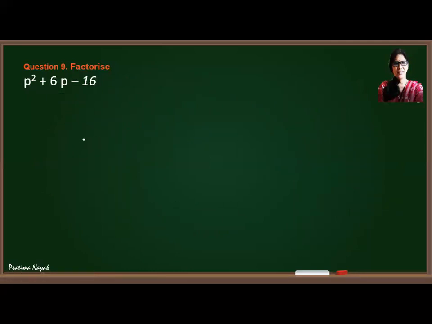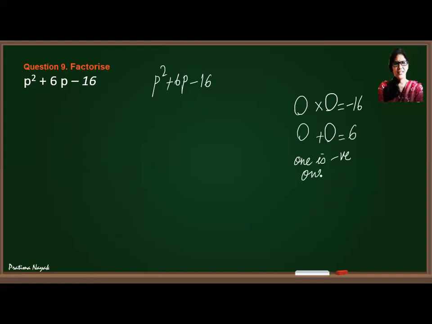Next, coming to another question where c is negative. P square plus 6p minus 16. So here what to do? You have to think of two numbers whose product is minus 16 and the same numbers when added give you 6. Can you think of the numbers? When c is negative, one is negative and one is positive.